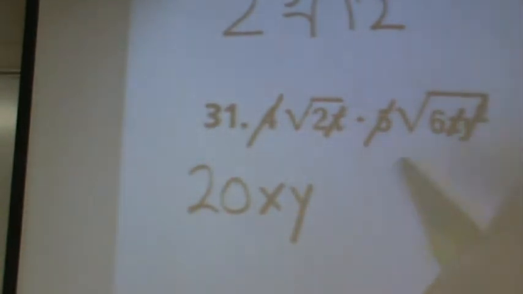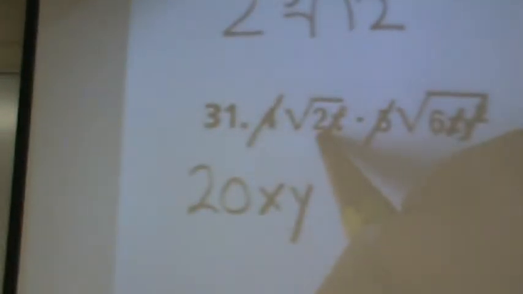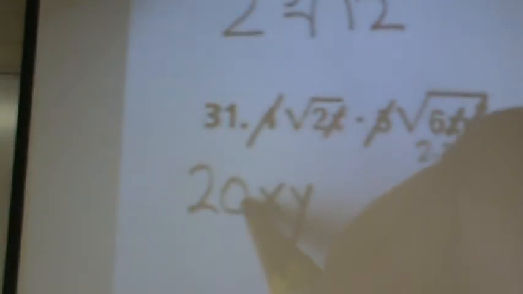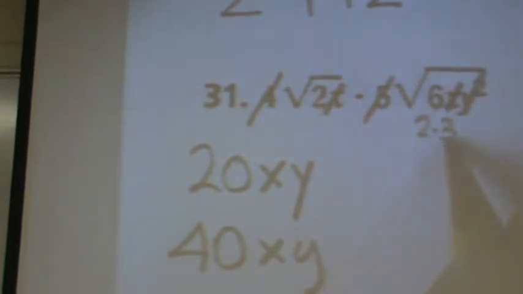See, you have 2 y's here. And you've got a 2 here that you can combine with this 2 here. So if you take, you have 6 is 2 times 3. So you pull these 2 2's out and combine it with this 2, this 20 here, that's going to make this 40 x, y, but there's still a 3 left here that you have to leave. So that's your answer.